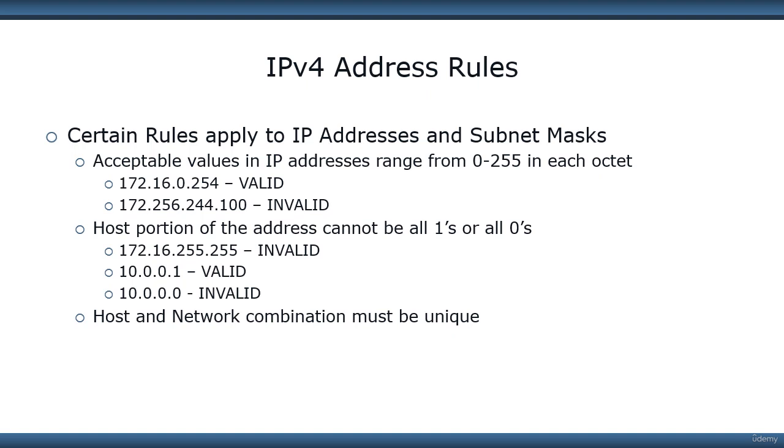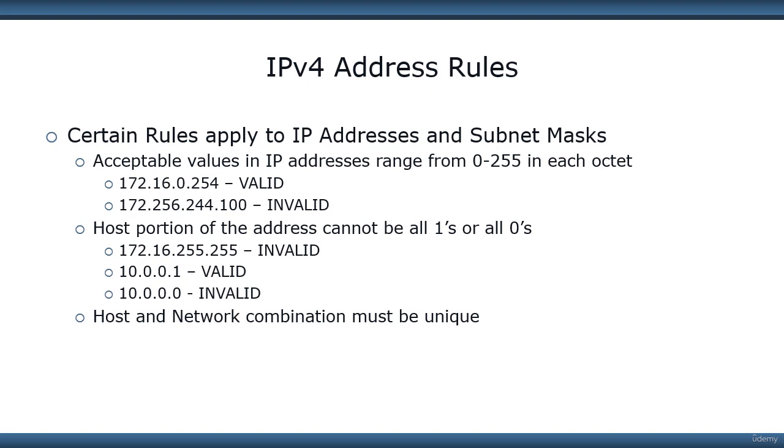The network ID takes the all zeros in the host portion, and then the network broadcast address takes the all ones. So again, just assume the first octet is the network: 10.0.0.0, that's invalid. 10.0.0.1, that's valid. 172.16.255.255, if it's divided in 2 with 255.255.0.0, that's invalid because that would be all ones in the host portion, and that is actually the subnet broadcast address.